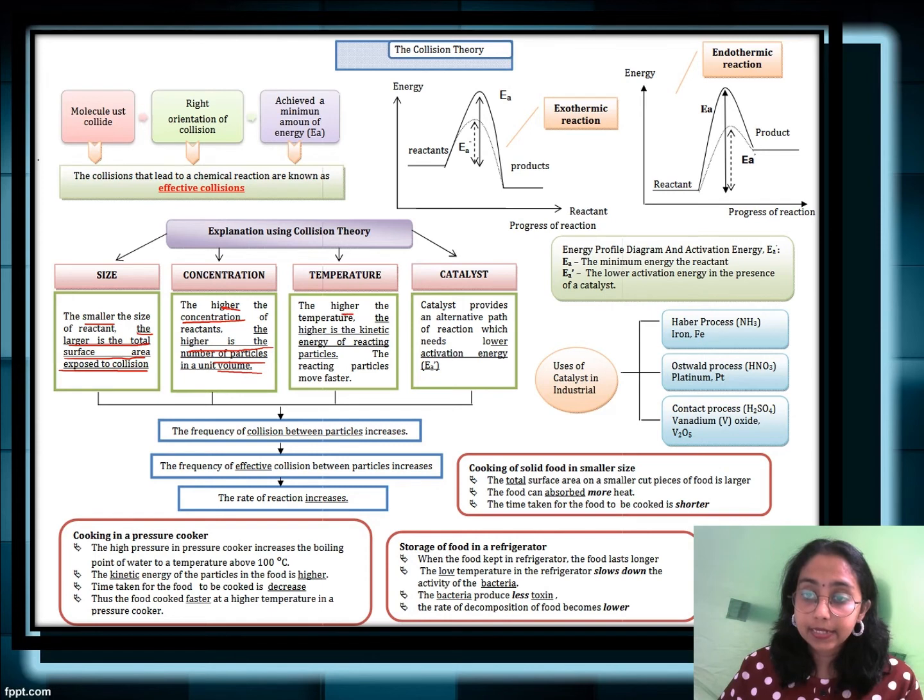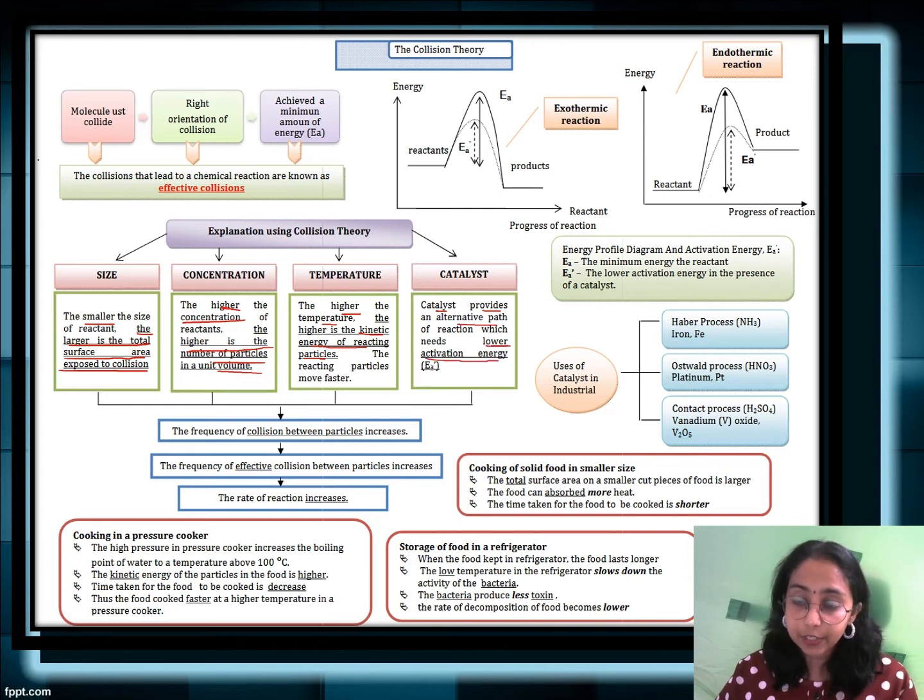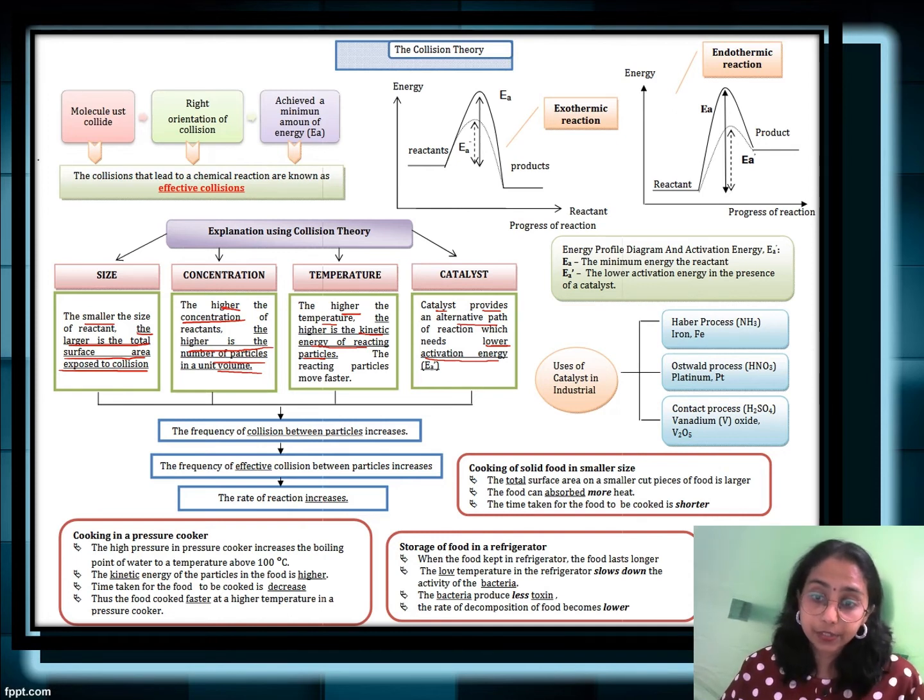And then the higher the temperature, the kinetic energy increases. If it's a catalyst, it will provide an alternative path with lower activation energy. So these are the intermediate points you have to talk about when you want to explain collision theory.